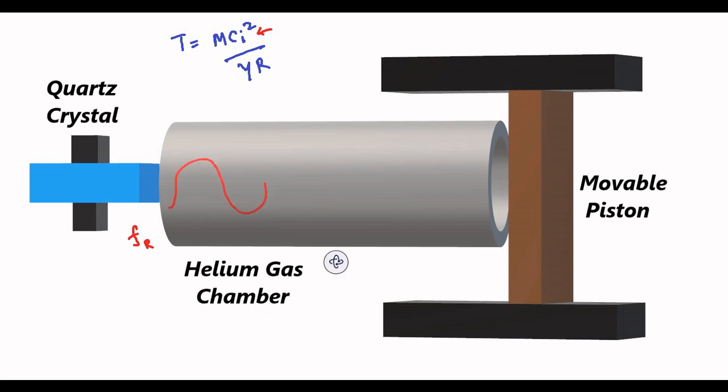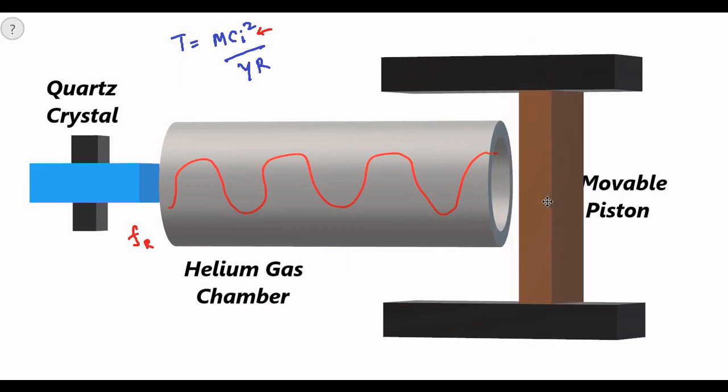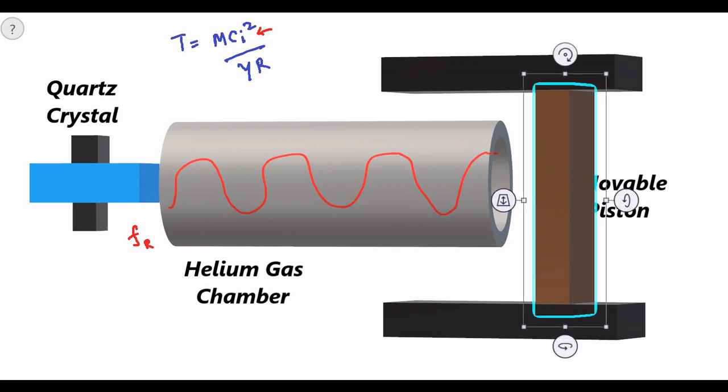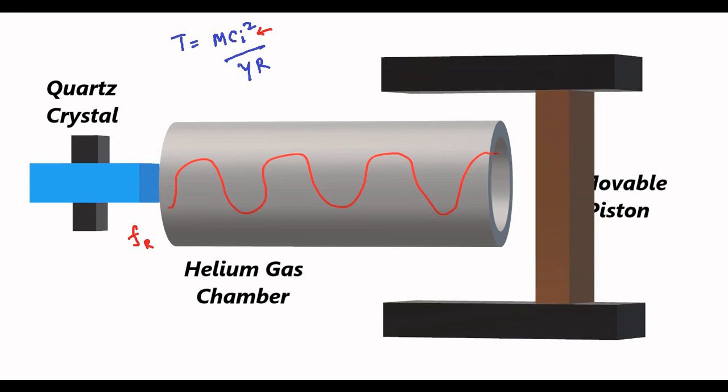Okay, so this sound wave strikes the movable piston, and as a result the movable piston gets displaced by a certain distance. Now after that, this sound wave, upon striking this piston, reflects back in the opposite direction towards the piezoelectric crystal.